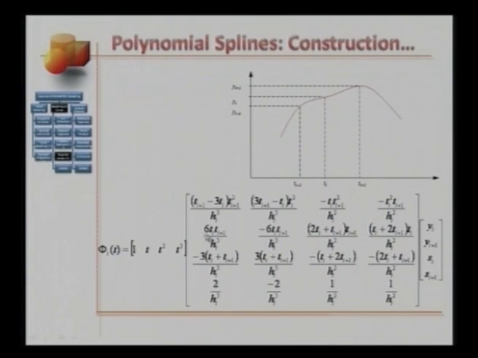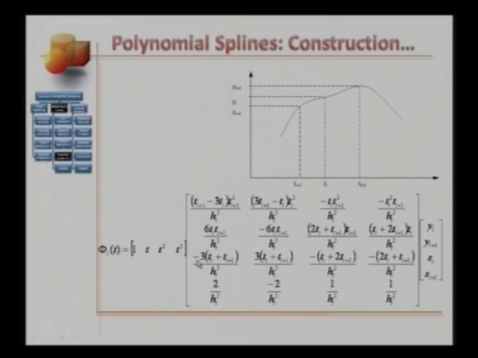Second row: 6 t i plus 1 over h i cubed, minus 6 t i plus 1 over h i cubed, 2 times t i plus 1 times t i plus 1, the fourth term, t i plus 2 times t i plus 1 times t i over h i squared.